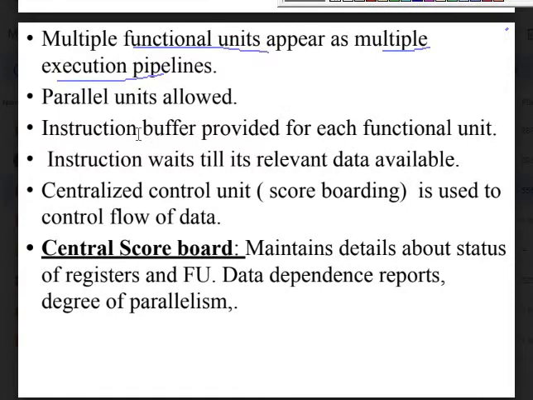Now we have one feature called the instruction buffer for the purpose of storing instructions temporarily, because what is a buffer? Temporary storage. What we store is instructions, and each functional unit is associated with an instruction buffer.